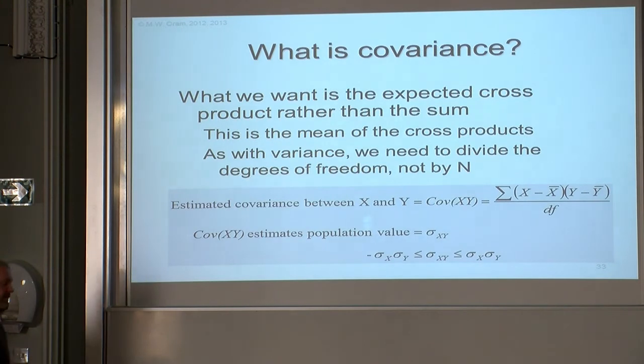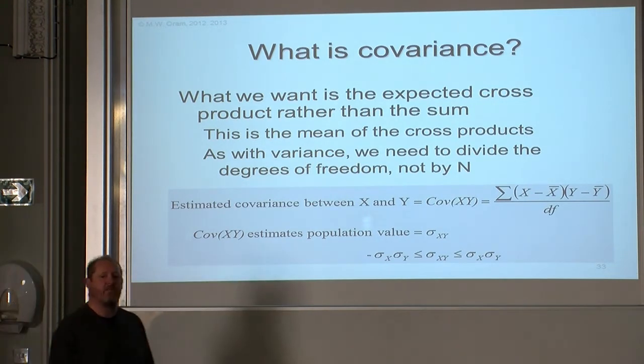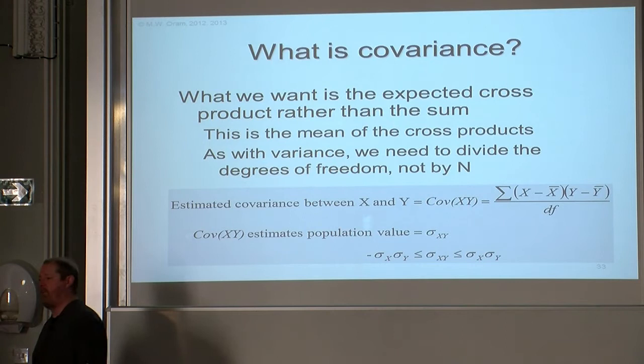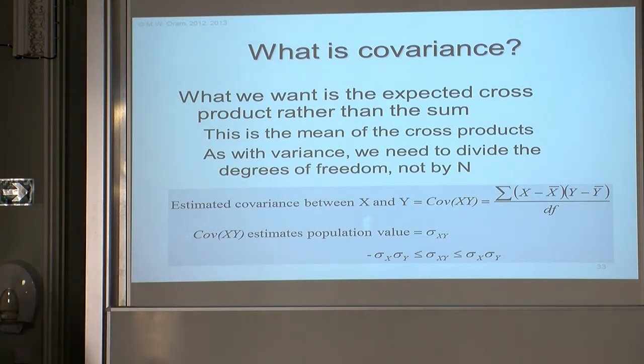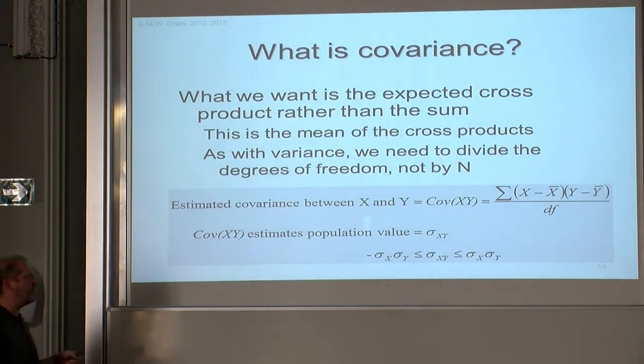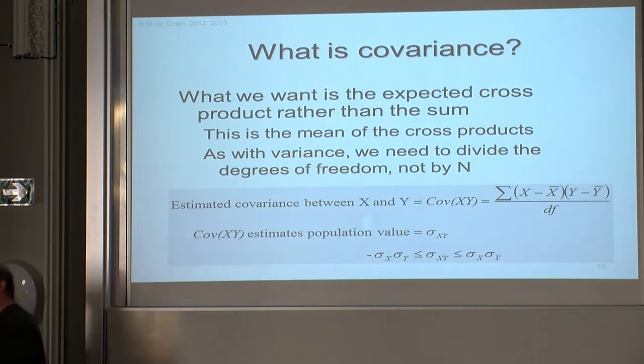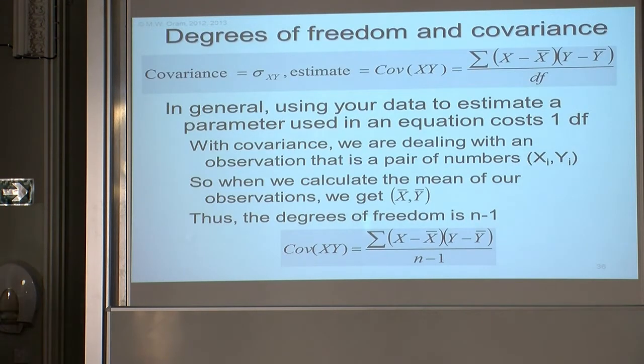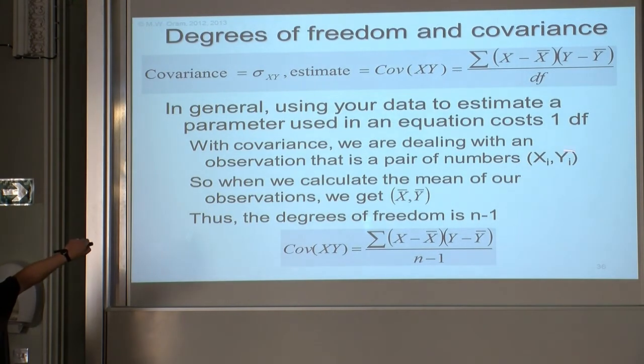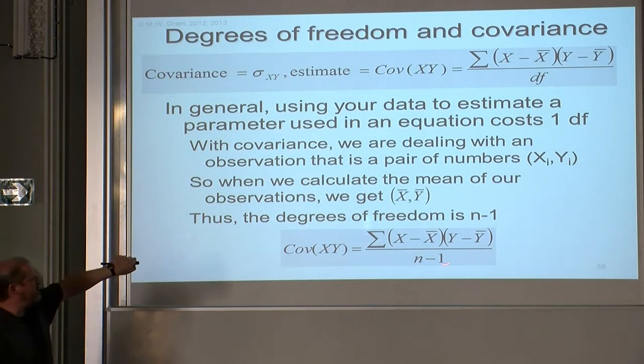What we want in all of these sort of statistics, of course, is the expected value of it, what it should be. We're trying to estimate the population parameter. So rather than the sum, we need to divide by the degrees of freedom rather than the n, just like we do with the variance, so that we get the unbiased estimate of it. We are dealing with pairs of data, an xy pair, and so what we have is degrees of freedom of n minus 1.